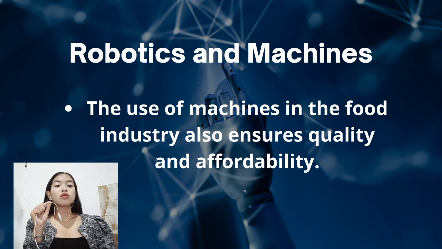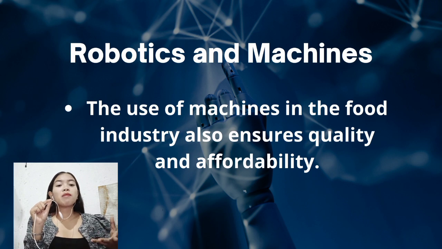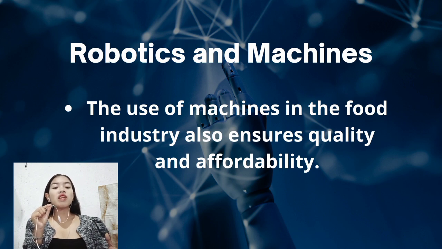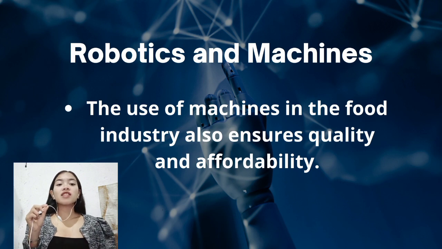By using robots to cut the more difficult cuts of meat, they can prevent many work injuries. So this is just one of the many ways technology can improve the industry by using robotics and machines, and it can also help workers decrease injuries.